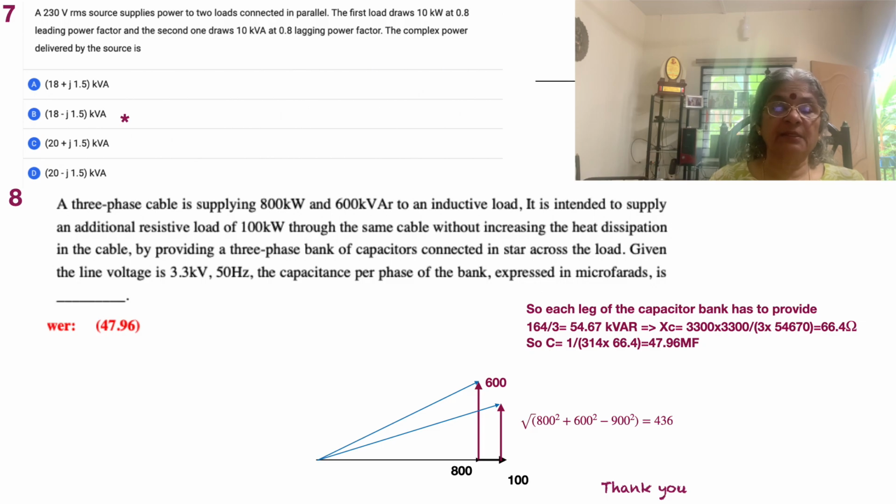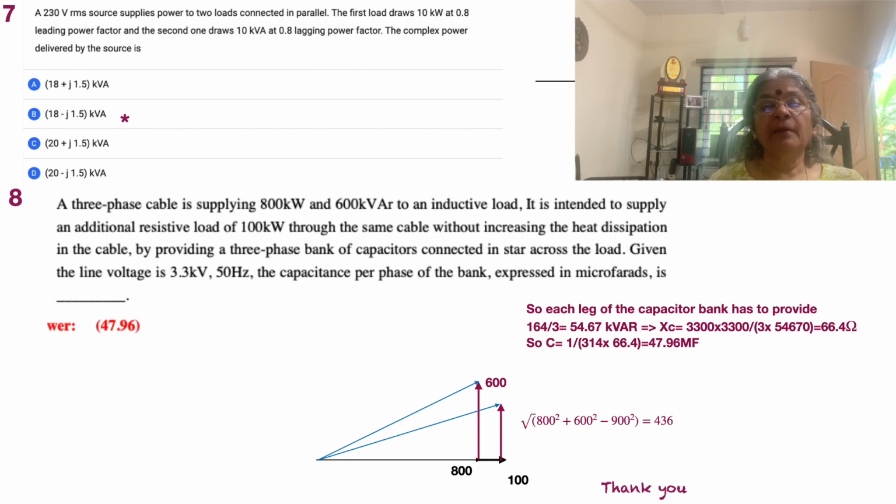Earlier it was having 600 kVAr, now it is 436 kVAr, so the difference between them has to be borne by the capacitor bank. Each of these legs will take 1/3 of the total, so we have 54,670 vars as the allocated var that each of these capacitors needs to produce for reducing the burden on the load.